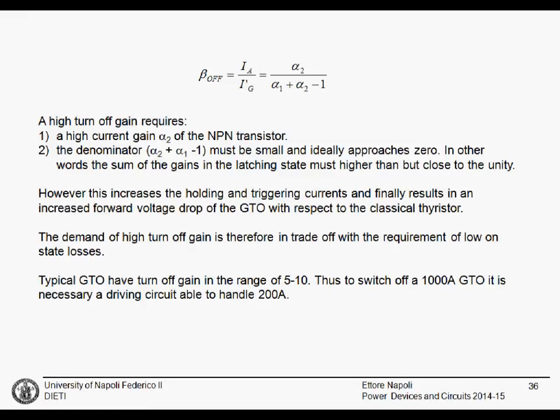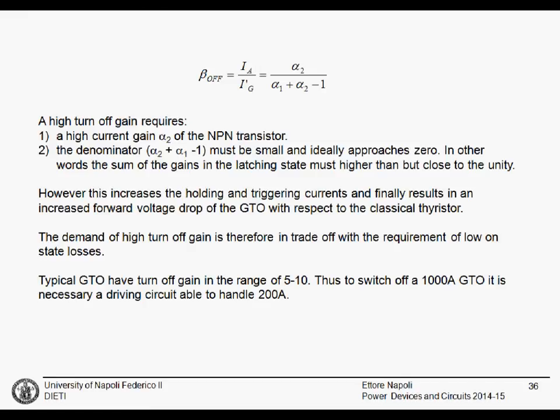That means that the sum of the gains is at the latching state. In the latching state, the turnover point is alpha 1 plus alpha 2 equal to 1. In the hard saturation, the sum of the alphas is larger than 1. And we want to have them very close to 1 in order to have a large gain. But this means that it is difficult. We are almost switching off the device.